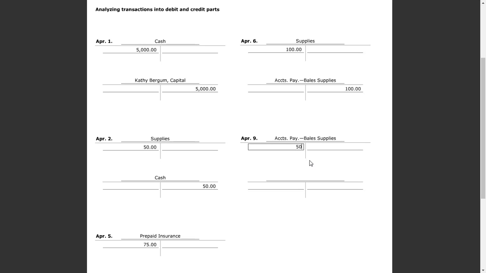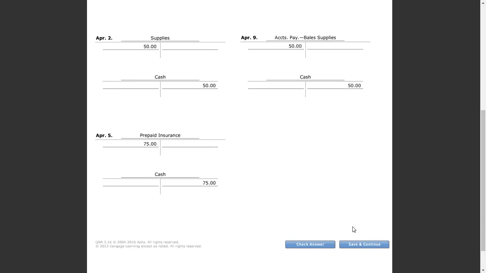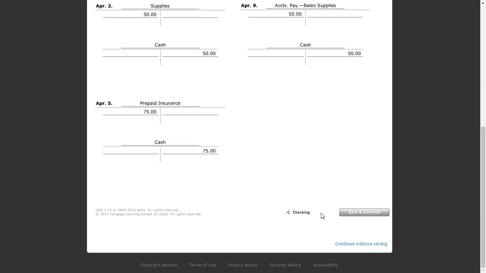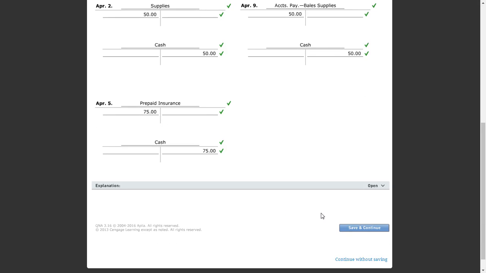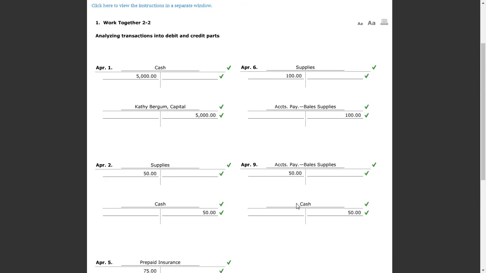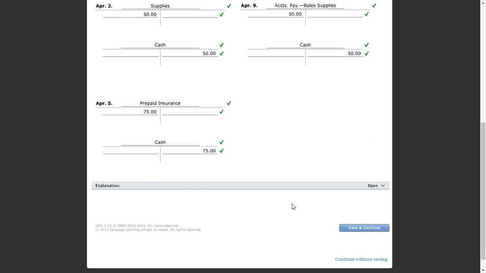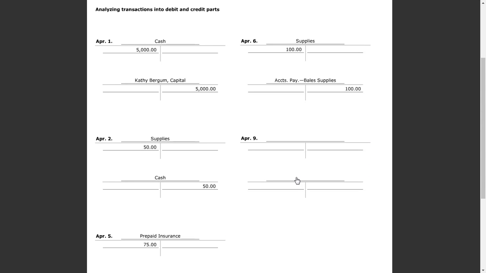April 9th. Paid cash on account to Bale Supply. What are my two accounts? Cash. What type of account is accounts payable Bale Supply? What is the normal balance? Credit. So my question to you is, do we owe accounts payable Bale Supply more money or less money?